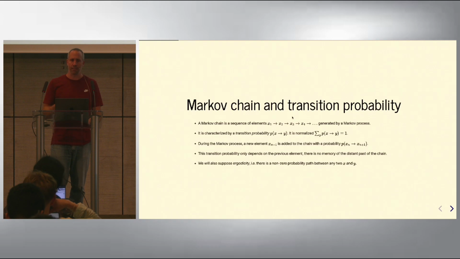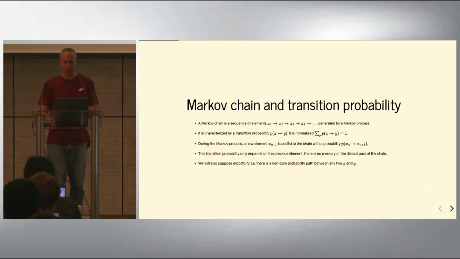And the Markov chain is entirely determined by the transition probability, P(x going to y), which tells me how the element x(n+1), at step n plus 1, is generated from the element xn. Okay? So the probability to get x(n+1), if you start from xn, is this P(xn going to x(n+1)).